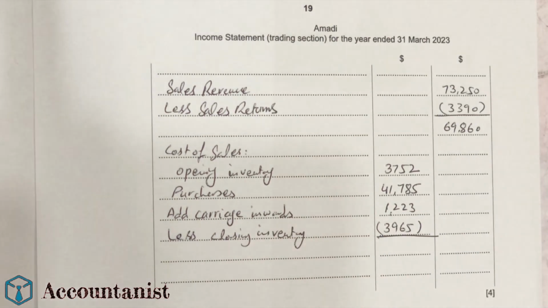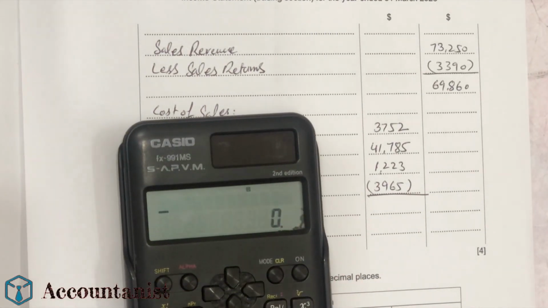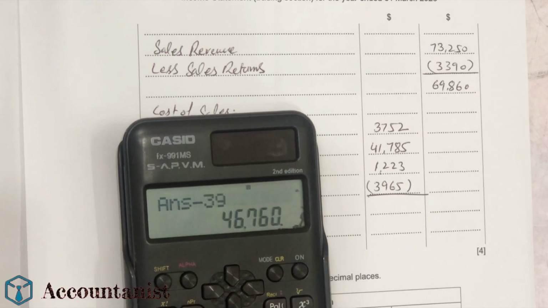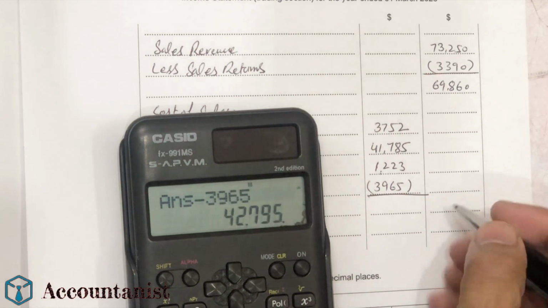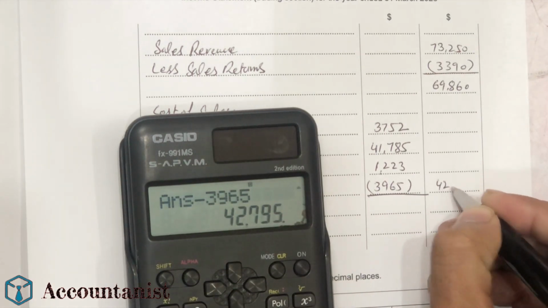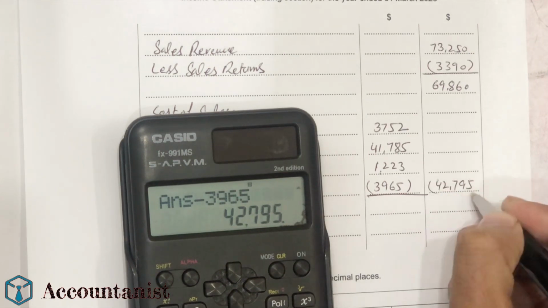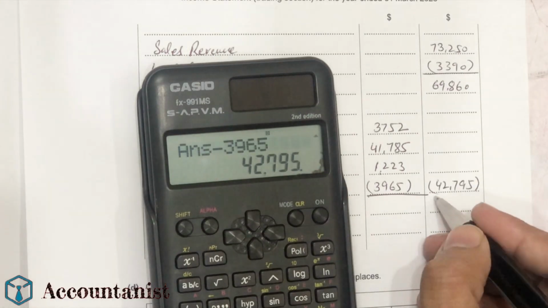Now we have to make a total of this, so that will be the cost of sales figure. 3,752 plus 41,785 plus 1,223 and less 3,965 gives me the total of 42,795. So I'll write down here 42,795.